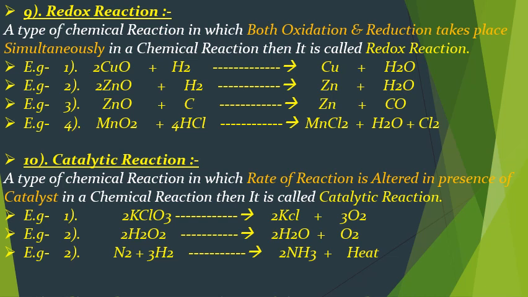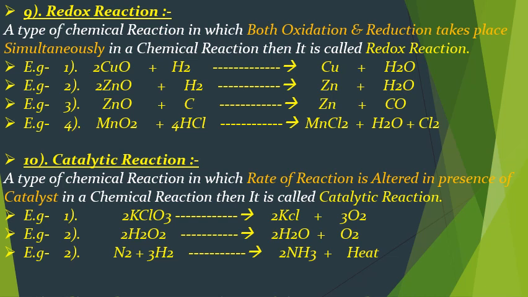Redox reaction: a type of chemical reaction in which both oxidation and reduction take place simultaneously is called a redox reaction. In this type of chemical reaction, oxidation and reduction both happen at the same time. Just like copper oxide plus H2: oxygen is separated from copper, so copper is reduced here, and there is an addition of oxygen to H2 to form H2O, which means oxidation.